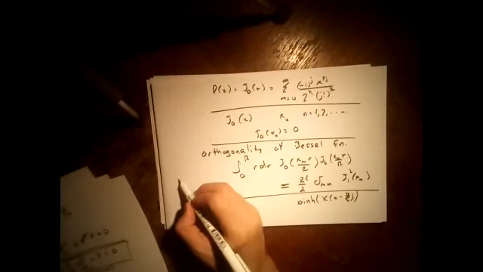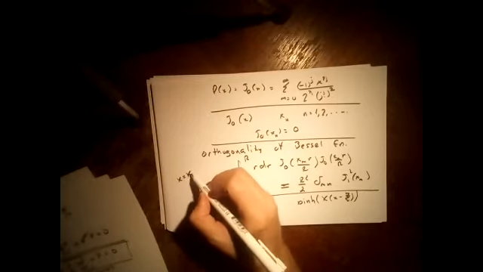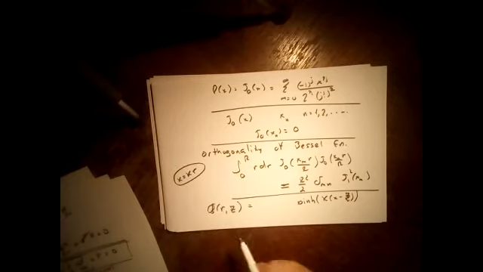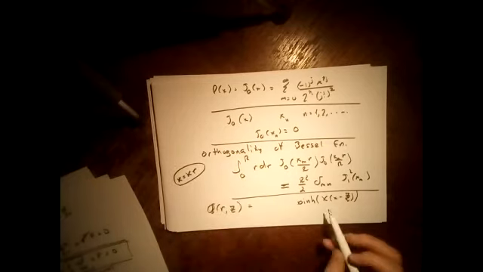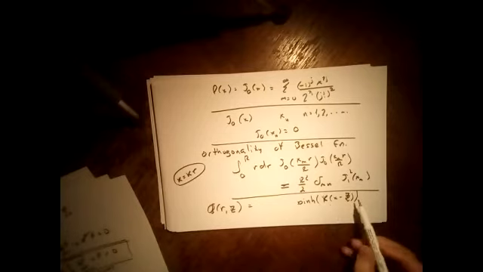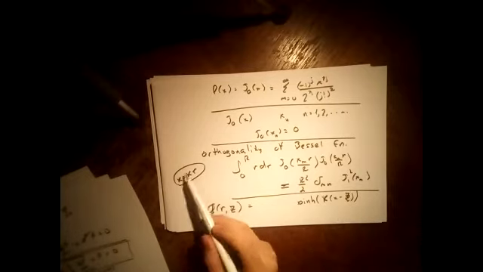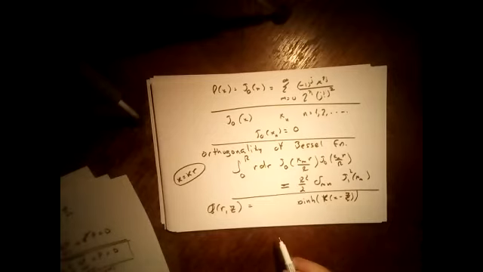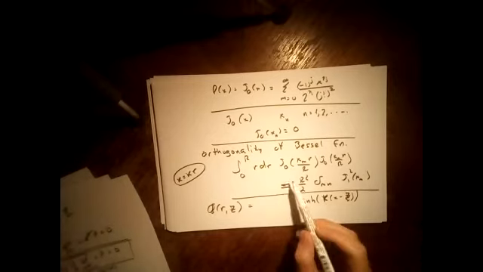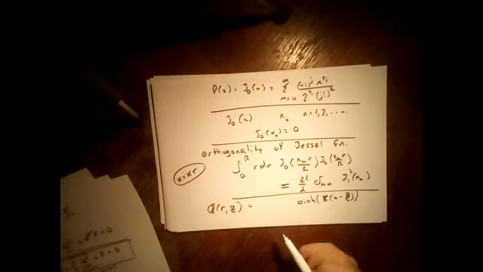We had the relation x equals kappa r. So this kappa is also the scaling factor which assures that your Bessel function is 0 on the side of the cylinder.